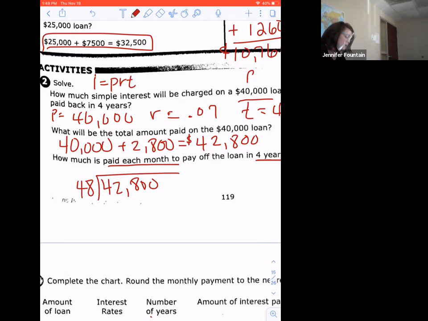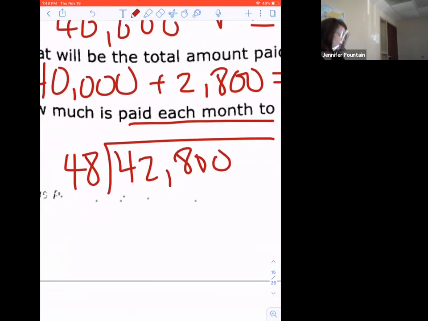Okay. So 48 won't go into 42, but it'll go into 428 9 times. 9 times 8 is 72. Put down my 2, carry my 7. 9 times 4 is 36. 36 plus 7 is 43.